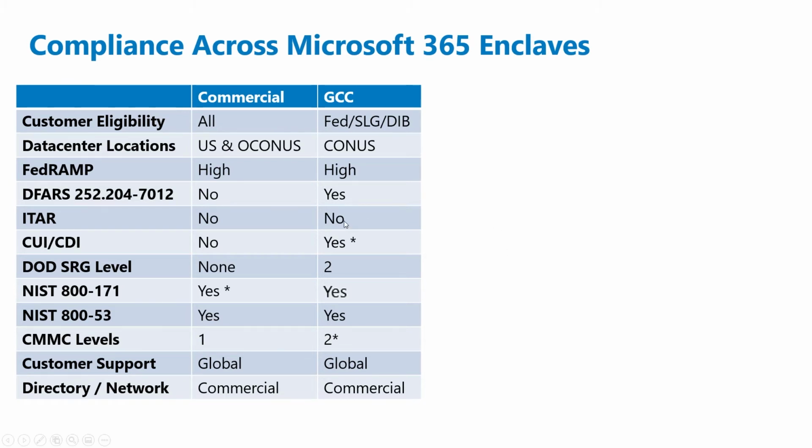It is insufficient for ITAR. You can manage CUI. However, you can only manage non-specified CUI. And I'll explain that again in the next slide in a much deeper way. And of course, it will meet NIST 800-171 and will meet CMMC level 2 and 3.